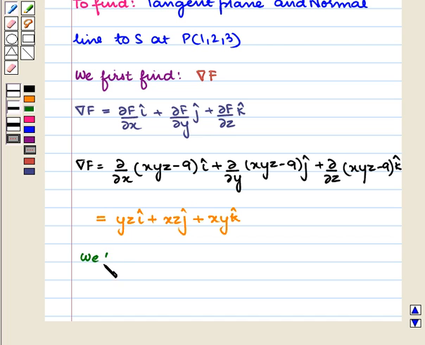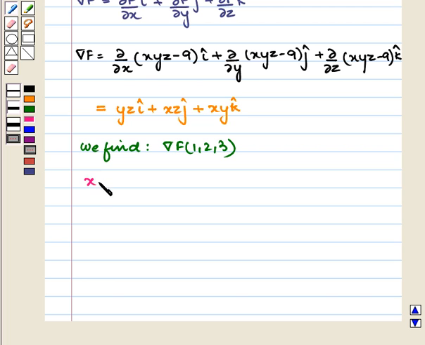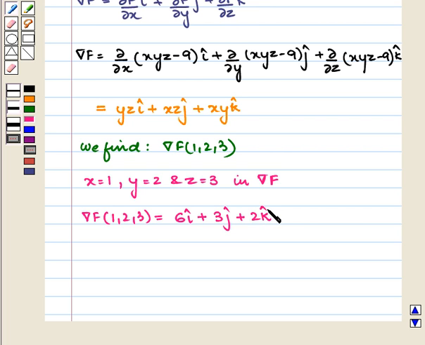Now we find gradient of F at (1, 2, 3). That is, we put x equal to 1, y equal to 2 and z equal to 3, and we get gradient of F at (1, 2, 3) equal to 6 i cap plus 3 j cap plus 2 k cap.